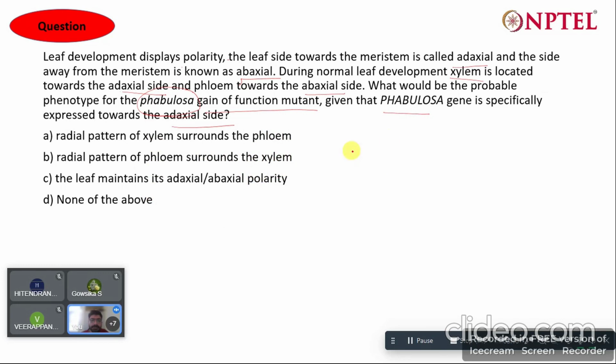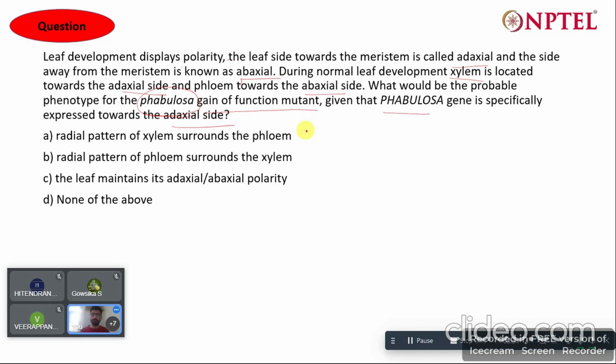Can anybody guess? Radial pattern of xylem surrounds phloem, sir.